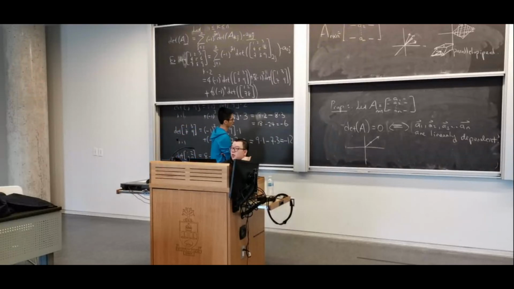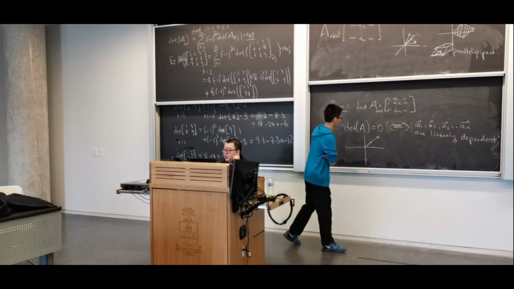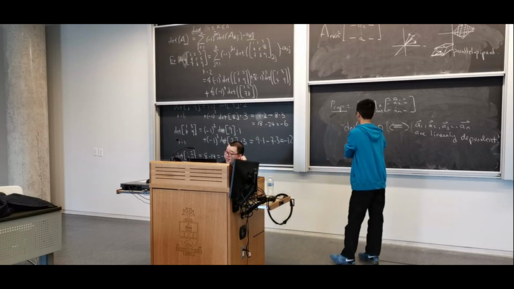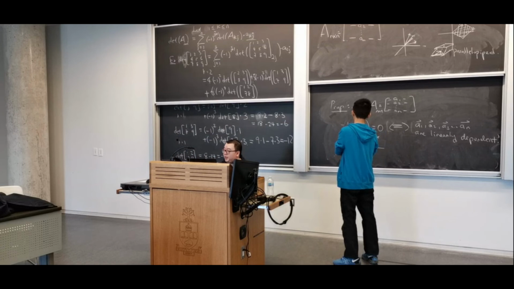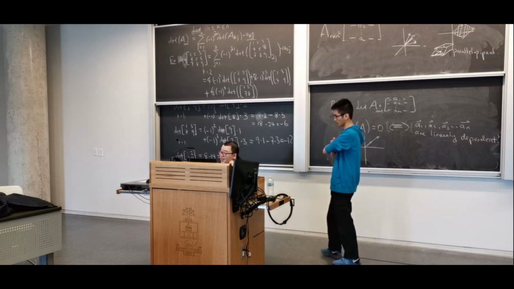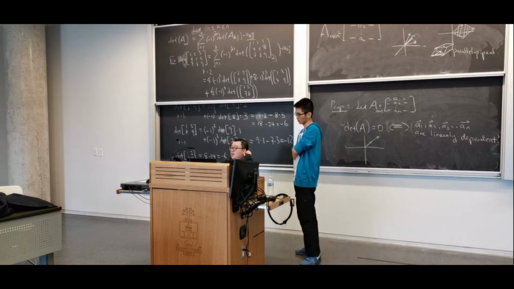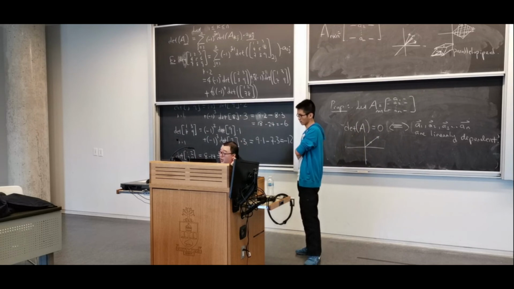The values that hold the information of the matrix are what we call eigenvalues, and the vectors that hold the information of the matrix are called eigenvectors. So eigenvalues and eigenvectors are going to be the last unit of this entire course, and it is going to be a very important unit. When Kaidi starts to talk about eigenvectors and eigenvalues, make sure that you go to the lectures and pay attention, because it is important.